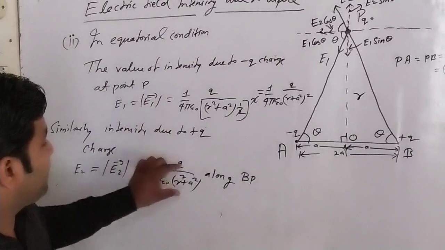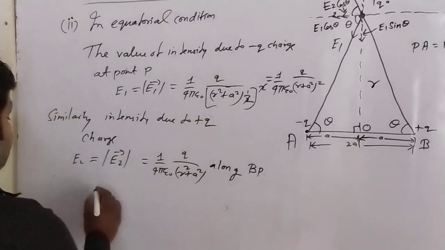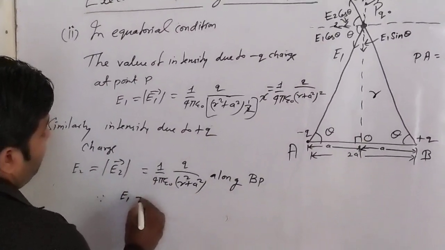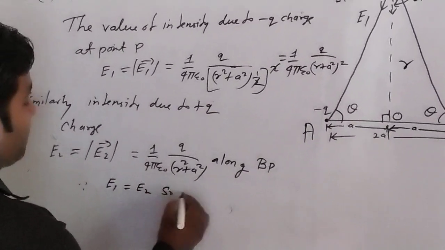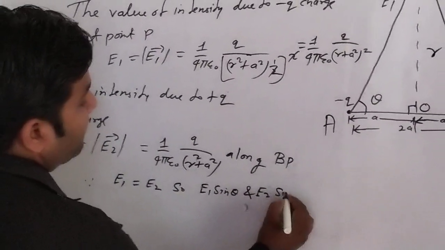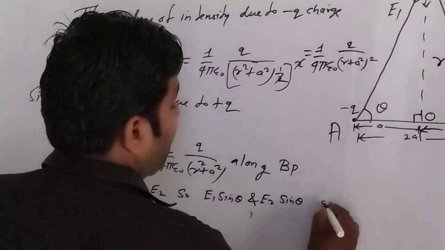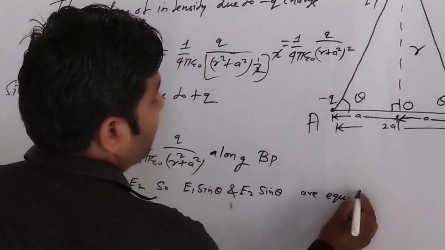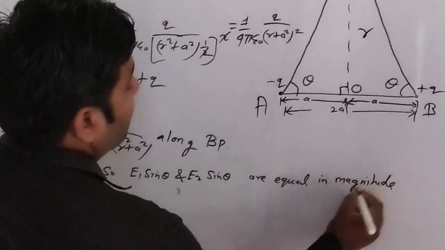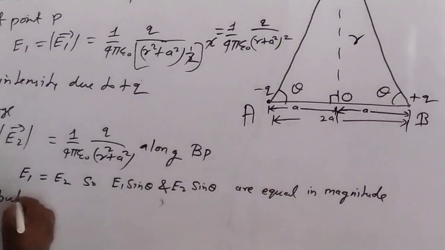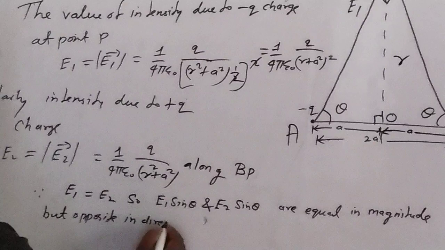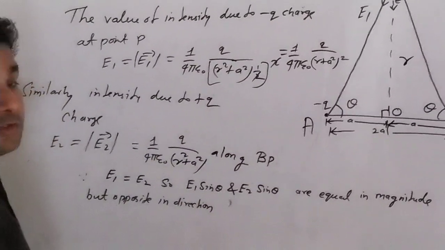Since E1 is equal to E2, E1 sin theta and E2 sin theta are equal in magnitude but opposite in direction, so they cancel each other out.